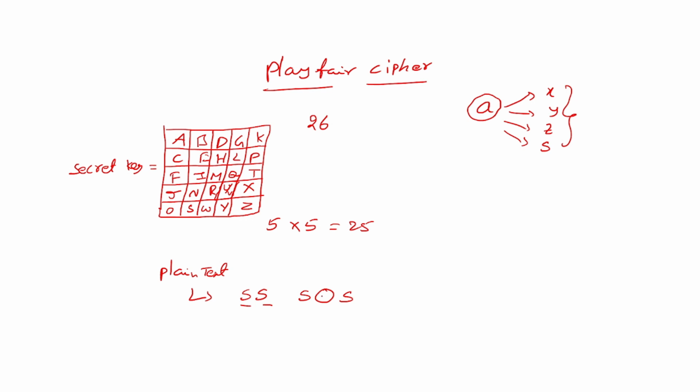You can take any bogus character. It is based on the understanding between sender and the receiver. Most probably we take Z as the bogus character.